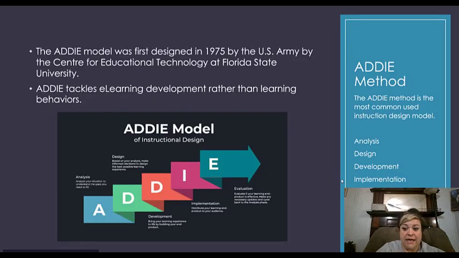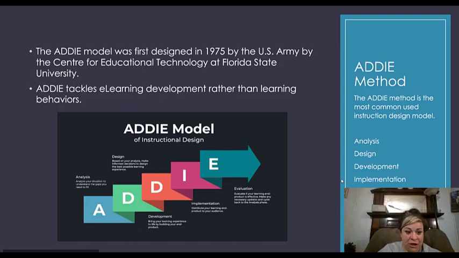The ADDIE method is the most commonly used method for instructional design. It was first designed in 1975, and ADDIE stands for Analysis, Design, Development, Implementation, and Evaluation. So it goes on a process.